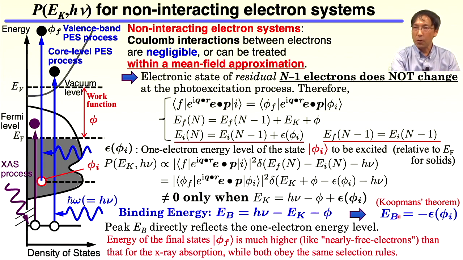Owing to this theorem, we can understand that the peak binding energy EB directly reflects the one-electron energy level epsilon phi I. When we find a peak, we can notice that the peak corresponds to one of the energy levels.